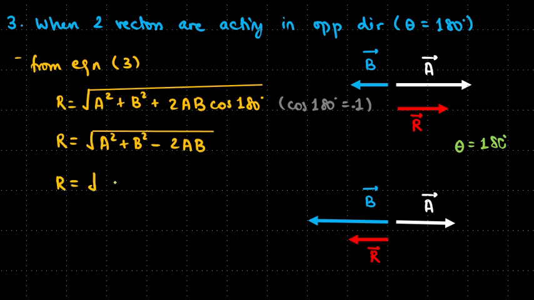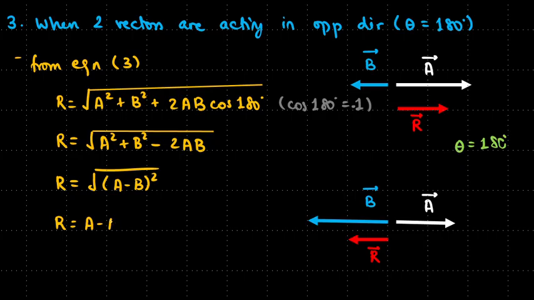So r is going to be the square root of a minus b whole squared, which means the square root and the square cancel out, which means the resultant will just be a minus b, which is the minimum value. So, sorry.